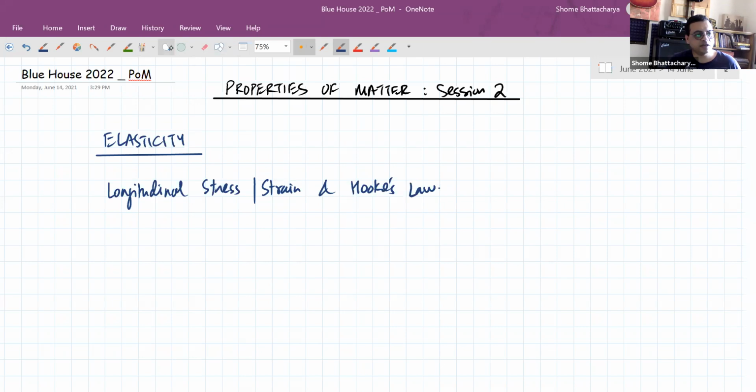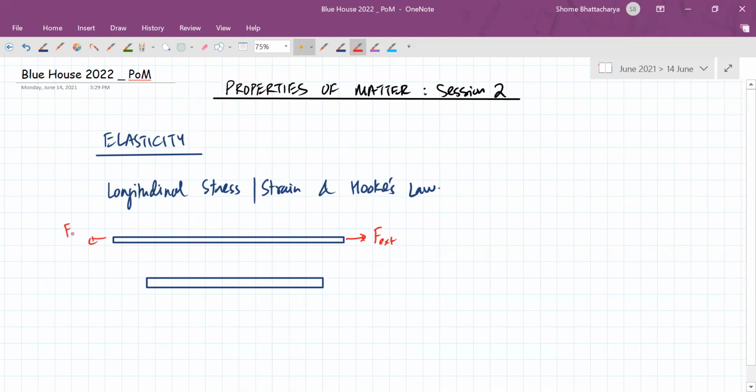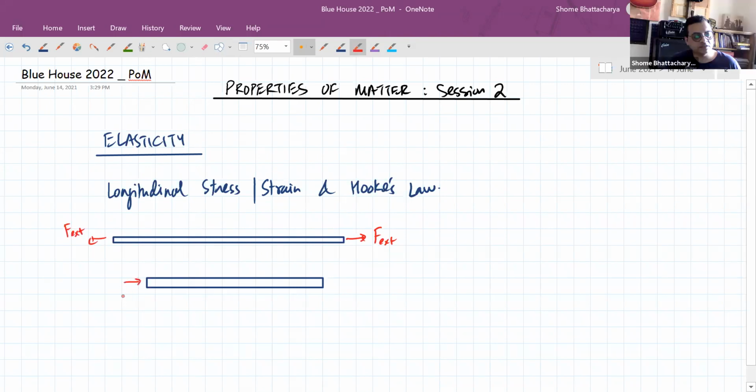So what we saw is that if you have a longitudinal kind of material, which you have either extended or compressed because of the action of external forces, then that creates a stress in the material in the form of a tensile force or an internal conservative force, which is restorative in nature, which is basically all about the property of elasticity, that the body has a tendency to retain its original shape because of the restorative nature of the internal tensile force.